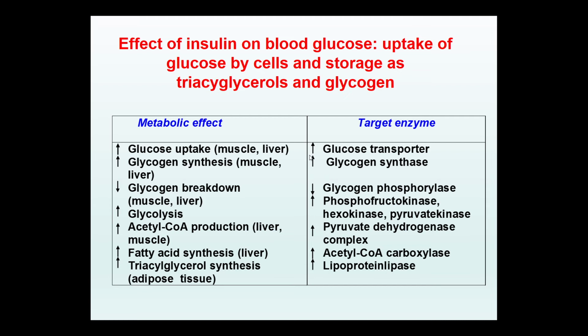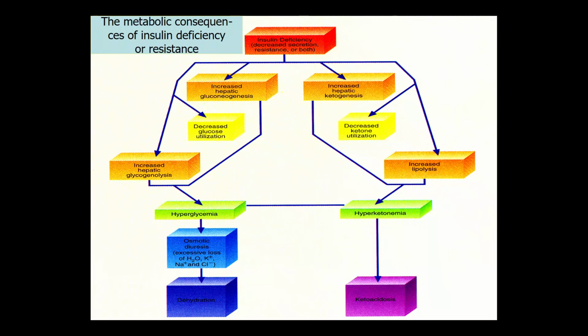You see that insulin stimulates the activity of these enzymes and decreases the activity of glucose production from glycogen. And of course, insulin decreases the activity of gluconeogenesis.